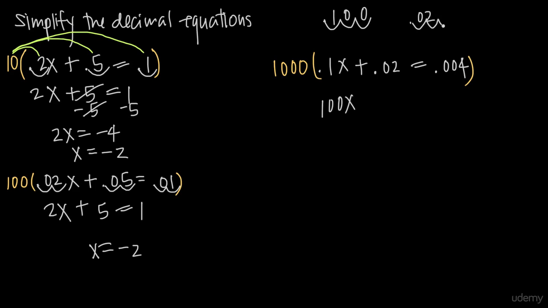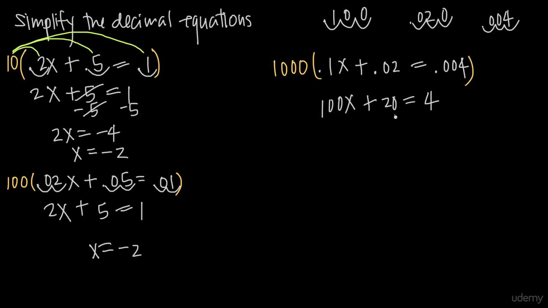So 1, 2, 3, fill in with zeros, and we have 20. So we'll get plus 20 is equal to 0.004. We move the decimal over 3 places when we multiply by 1,000. So we get 1, 2, 3, and we just get 4. So 1,000 was what we had to multiply by in order to make this 0.004 a whole number.